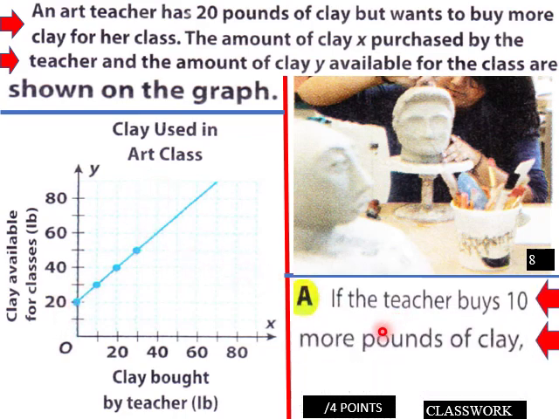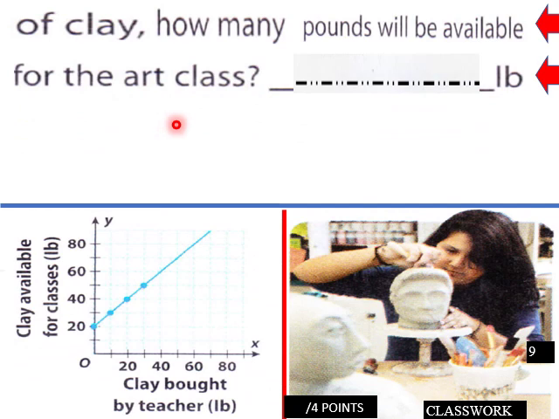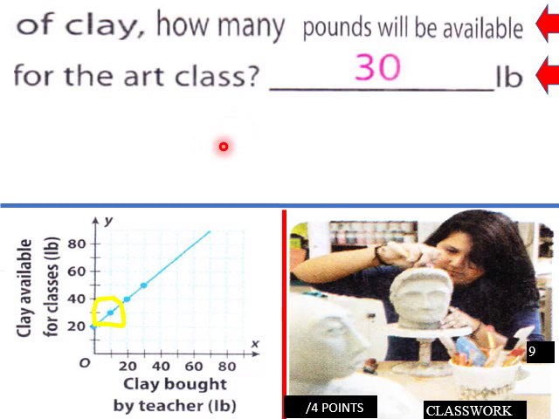If the teacher buys 10 more pounds of clay, how many pounds of clay will be available for the art class? If she starts here with 10 pounds, it will be 30 pounds.